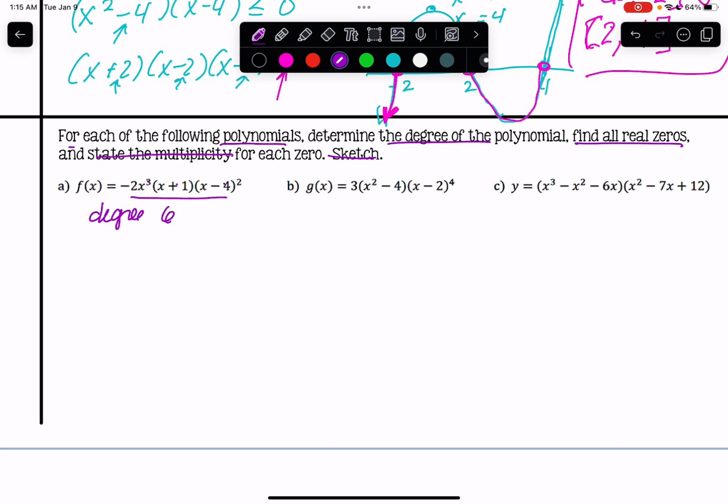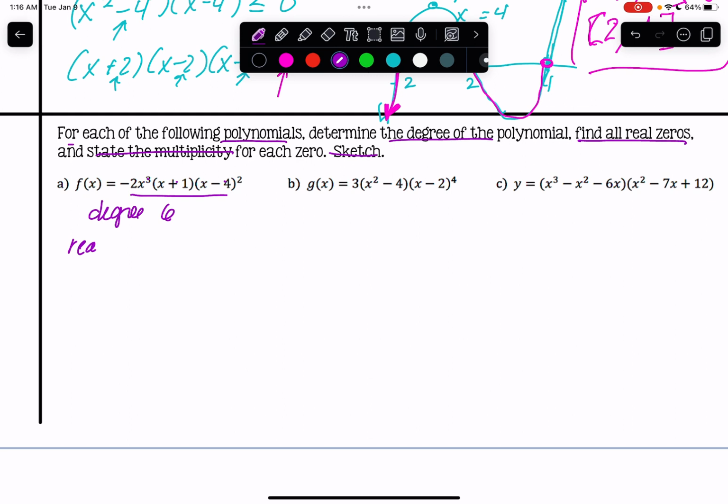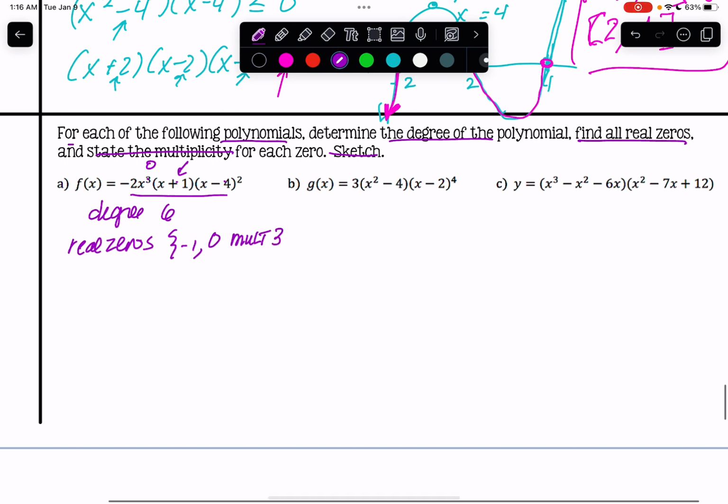All right, we have real zeros. Well, let's do them in order. I have a negative 1 here, no multiplicity. I have a 0, and it's x cubed, so that has multiplicity 3, and then 4, multiplicity 2.